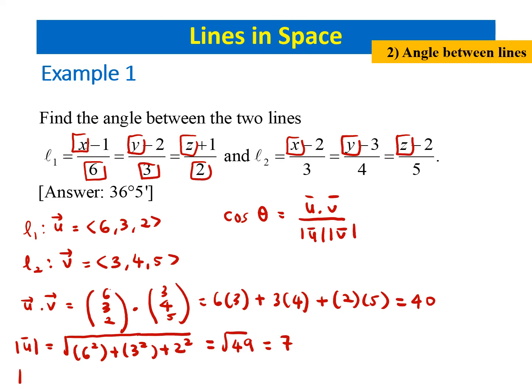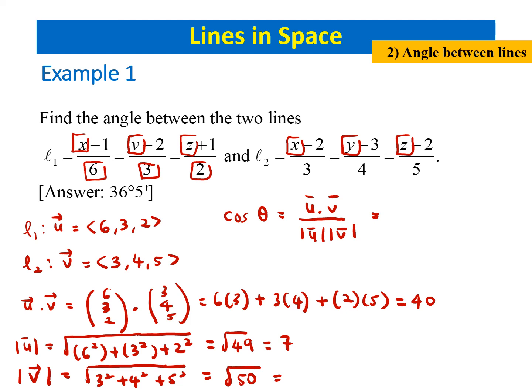Then we find the magnitude of v, which equals the square root of 3 squared plus 4 squared plus 5 squared, and we have the square root of 50.